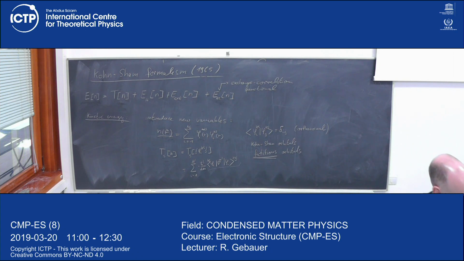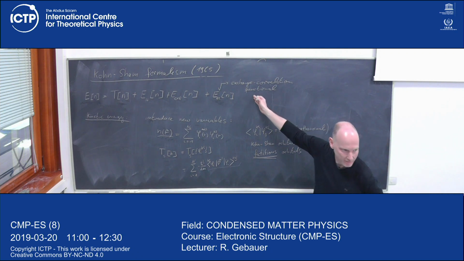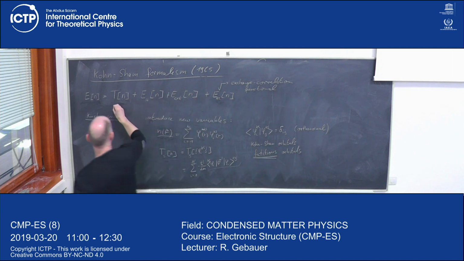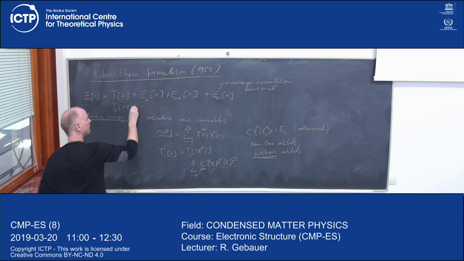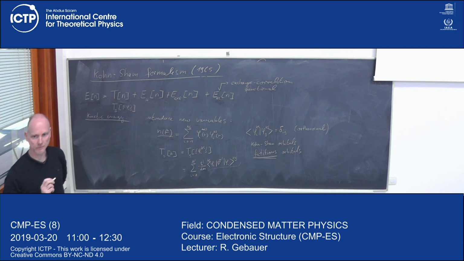Yes? Maybe I did not get it clear, but I heard you saying that we minimize EH, EXT, and the exchange correlation energy with respect to n. Yes. And so, in principle, we have to derive with respect to n. But we will have here the approximation Ts, which is written in terms of these, so then it becomes something with these variables. Exactly.